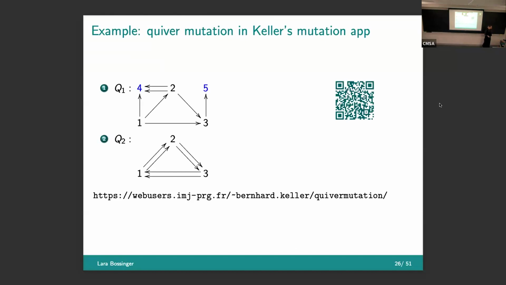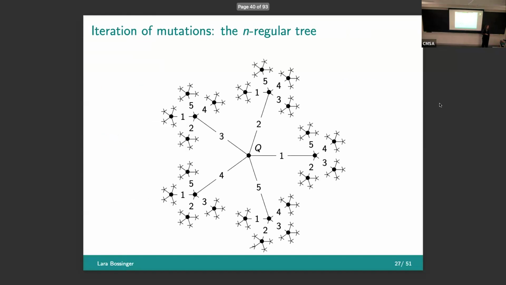Great. So this is for you to play with, and just see what you get. It's useful to think of this mutation process as some kind of discrete dynamical system, where we start with our quiver Q, the one I gave you in the start. From that quiver, depending on the number of mutable vertices, we can walk in several directions.